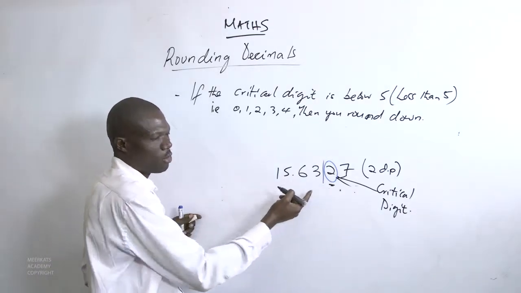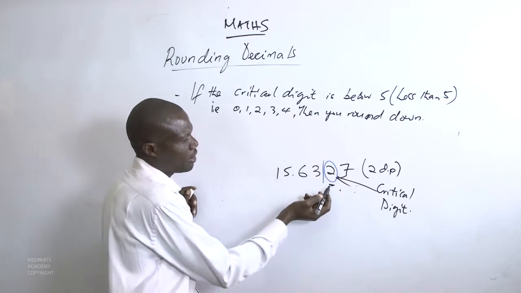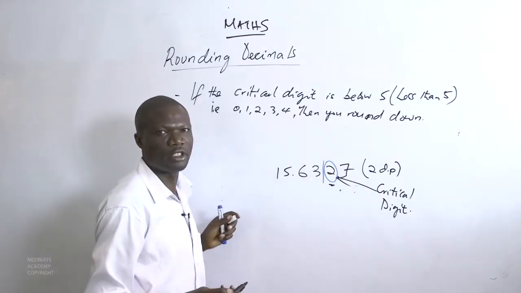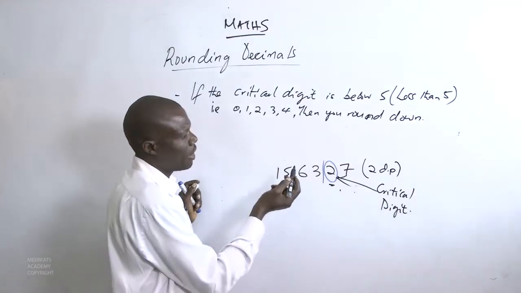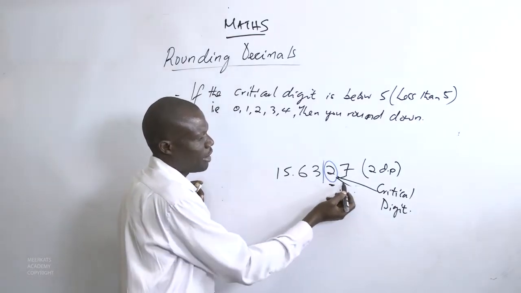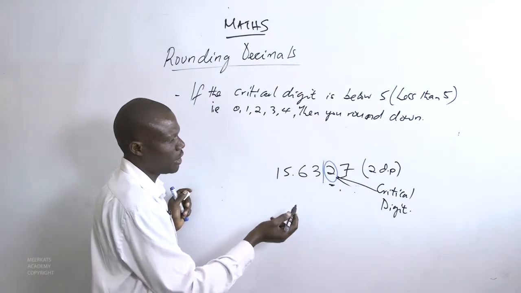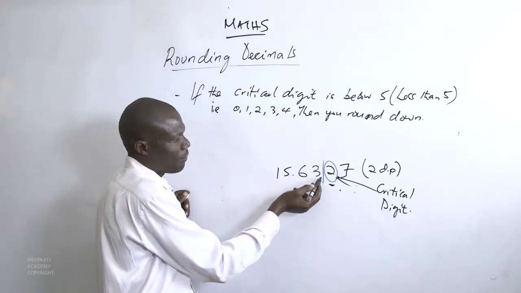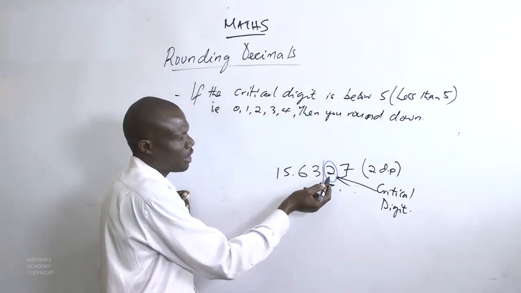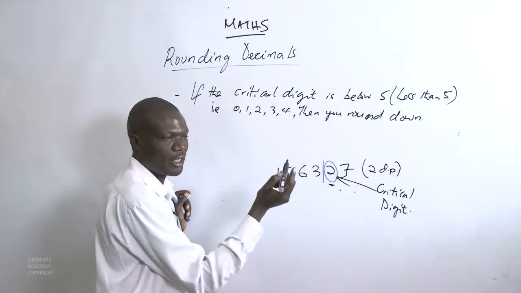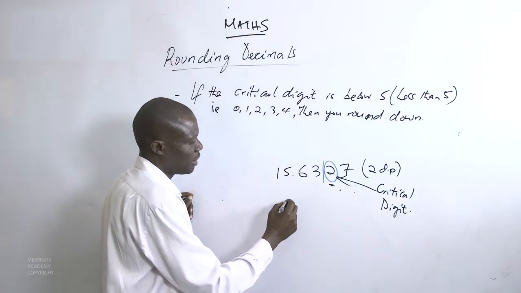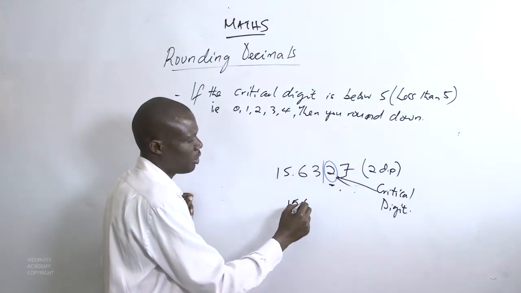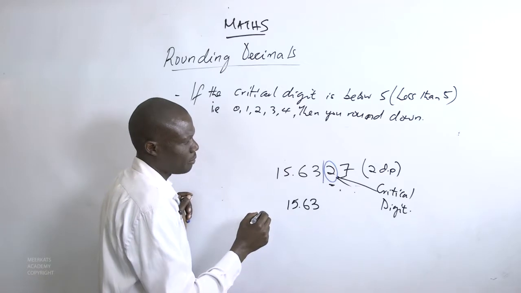Looking at the situation that we have here, the critical digit is 2. 2 is less than 5. So if we had been asked to round off the number to 2 decimal places, looking at the critical digit being less than 5, we shall give our answer as 15.63.